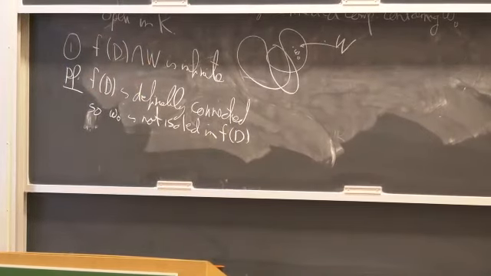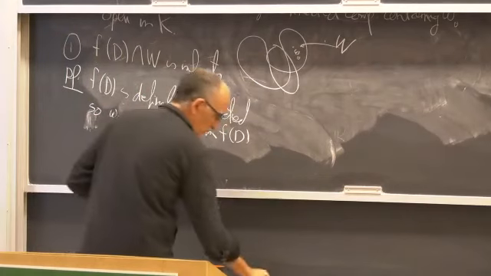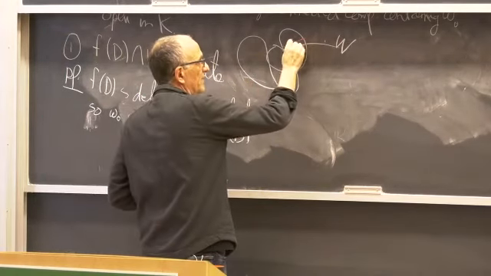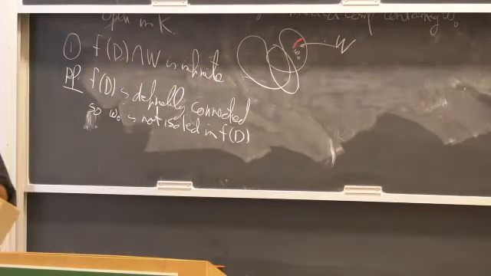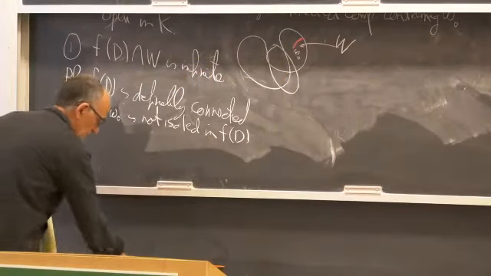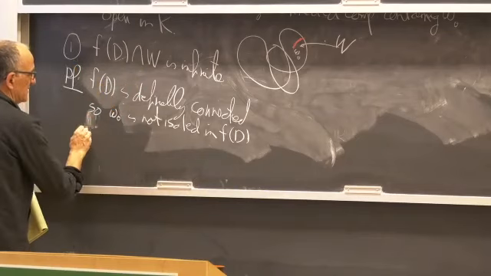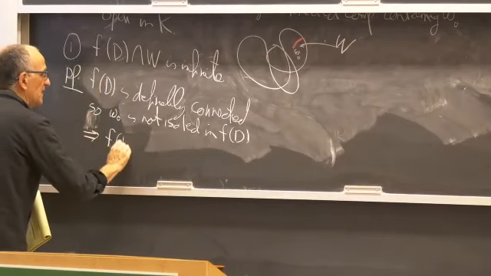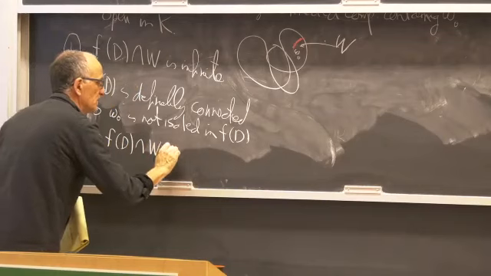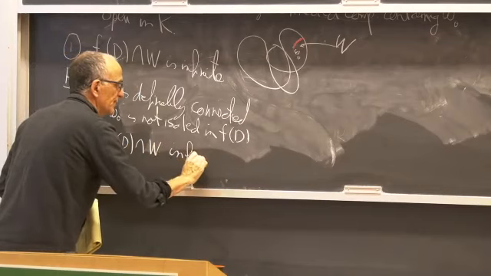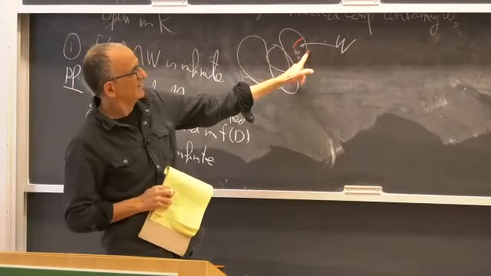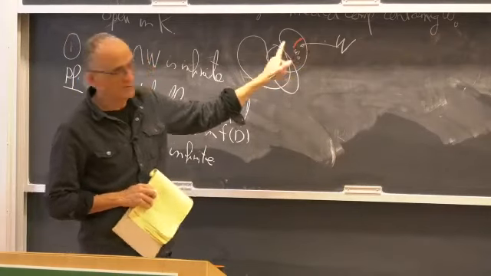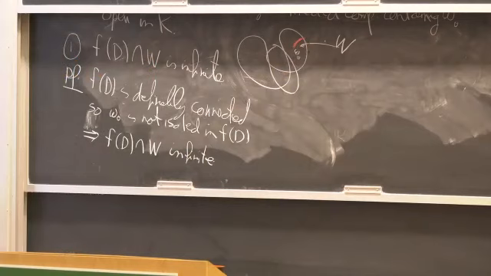So it must be the case that inside W, you have a whole infinite set inside f of d and W, right? So the only way that this can happen is this f of d intersection W is infinite. We cannot jump from f of c, right? F of c is part of f of d, but we cannot jump from here to here without having actually a definable path, but I don't even need a definable path.